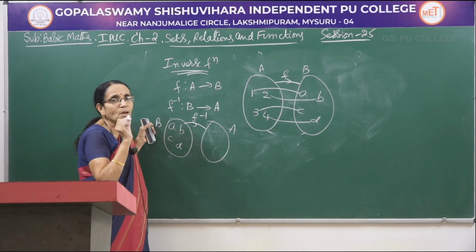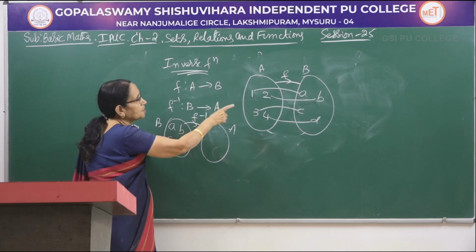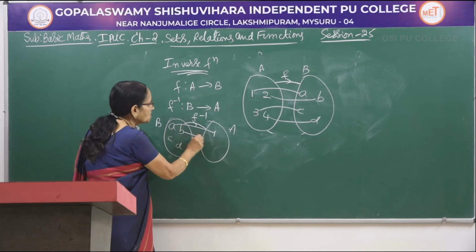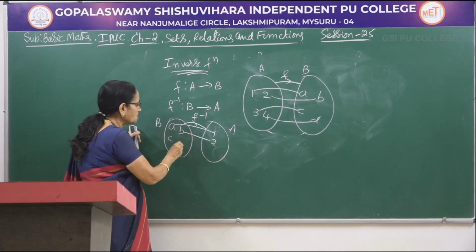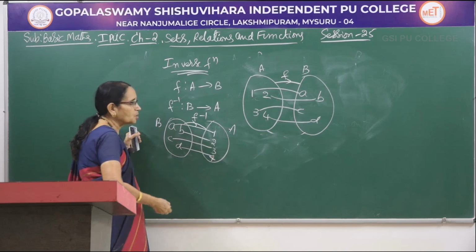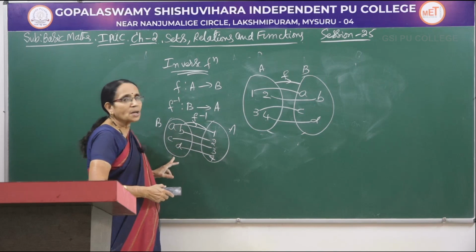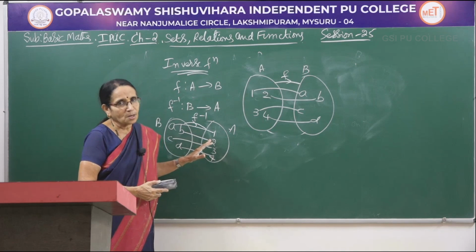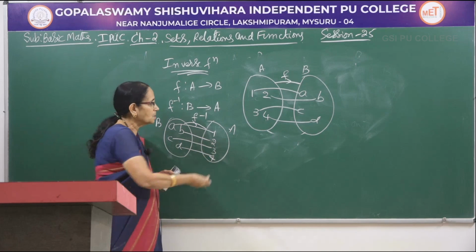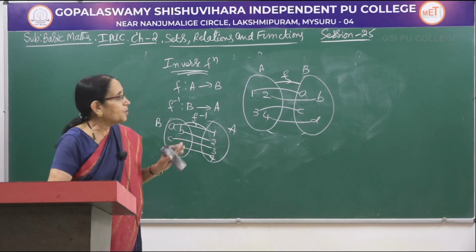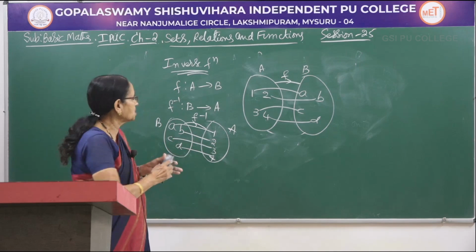You have to read it as f inverse. Now, let me see. A is associated with 1, B with 2, C with 3, D with 4. Here you observe that all the elements of the set B have unique images in the set A. So, this is possible. The inverse of a function exists if and only if it is bijective.